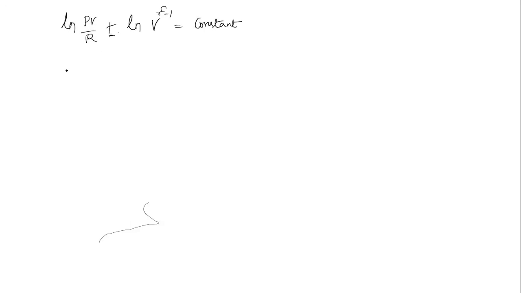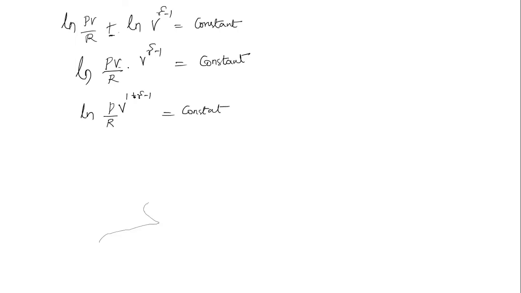If there is a summation, the logarithmic rule says we can take it as a product. Now, the bases are the same here. ln of PV by R, V to the power of gamma minus 1, is equal to constant. Therefore, V to the power of 1 plus gamma minus 1, plus 1 minus 1 cancels. Ln PV to the power of gamma by R is equal to constant.